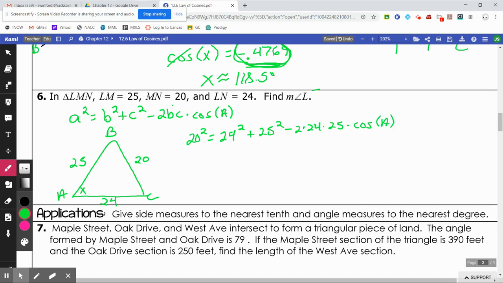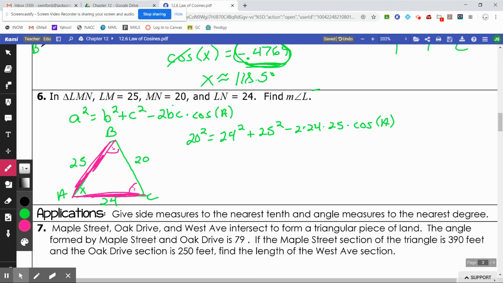I want to point out something before I find this angle A. This triangle is just nearly isosceles. So these two angles right here would nearly be the exact same angle measure, because notice that 25 and 24 are nearly the same. So that means that those two angles there should nearly be the same if we were to find them.